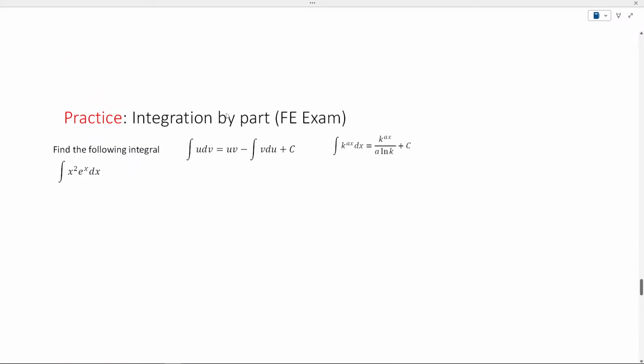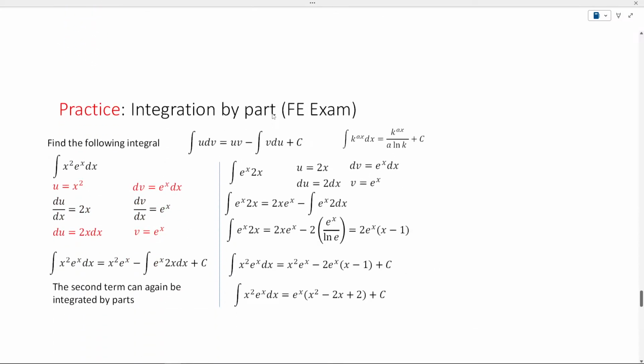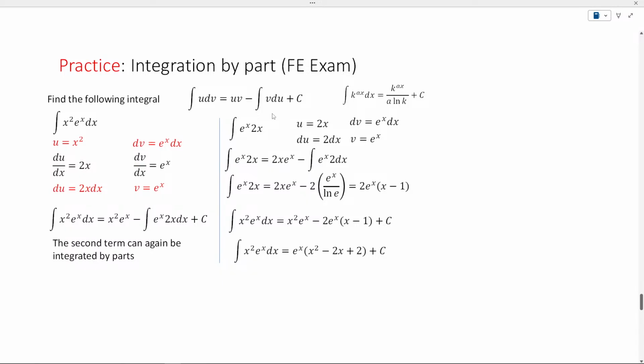Again, if you want to practice more, here that would be your u, and that would be your dv. You can do this only if you want to practice for the FE exam. It's not going to be in the homework or this exam.